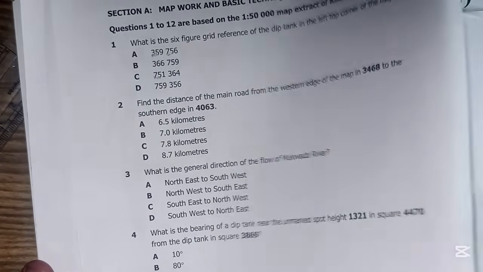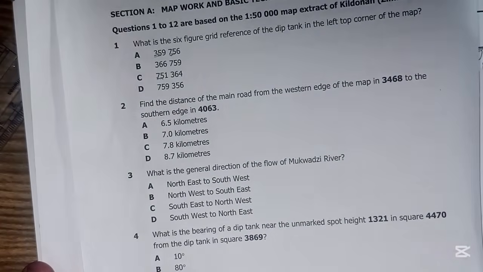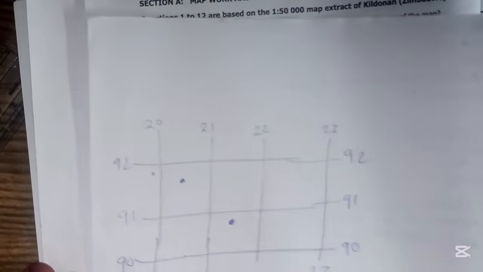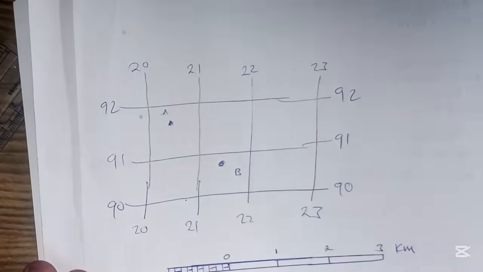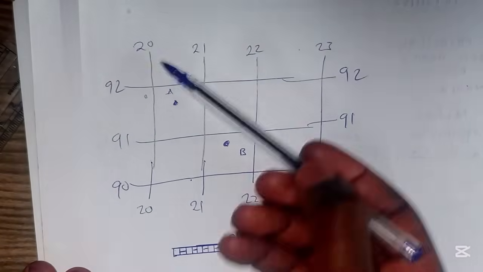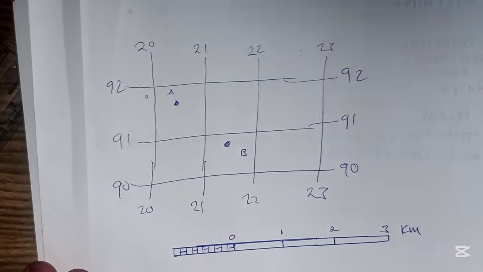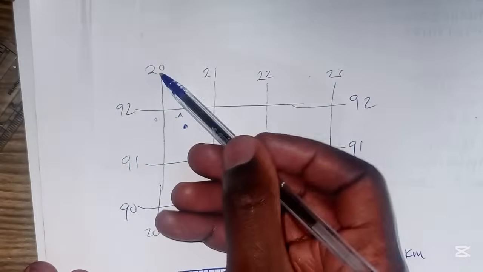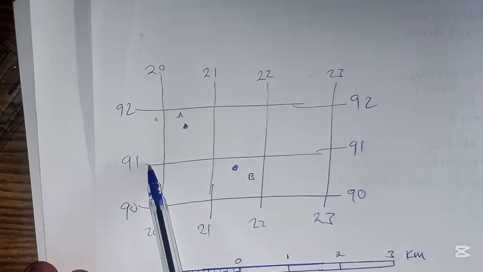Now, let me give you, first of all, a simple explanation of how to find distance. Let's take, for instance, this is what you've been given. You have been given this point, point A, and you have been given point B in this grid. So we know that the easting on which point A is lying is easting 20, and the northing on which point A is lying is northing 91.